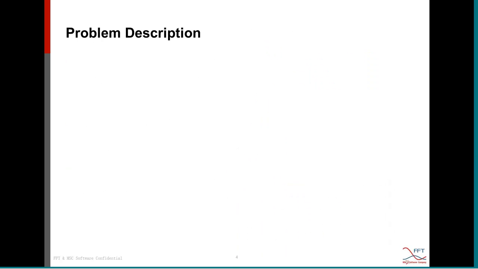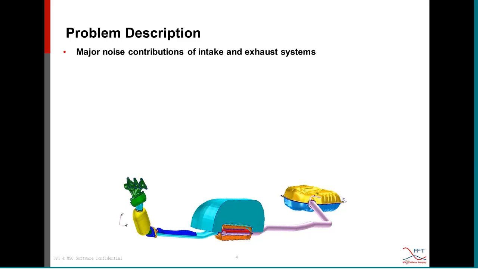So let's take a look at the problem description of intake and exhaust systems. Today, of course, the acoustic efficiency of intake and exhaust systems is of increasing importance in the design process of quiet vehicles.